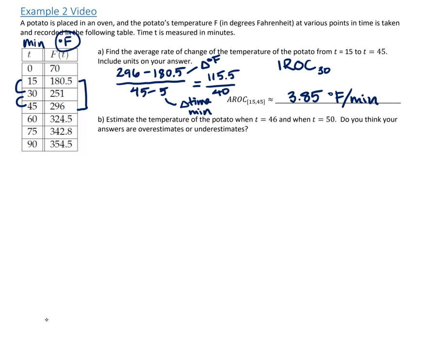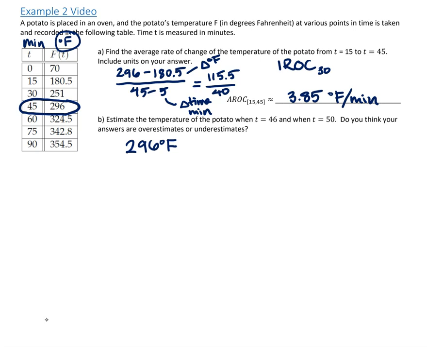Okay, so from that, we're supposed to estimate the temperature of the potato when t equals 46 and when t equals 50. So if we look back at the table, the closest piece of information that we have is this point 45, 296. So we know that at 45 minutes, we were at 296 degrees Fahrenheit.